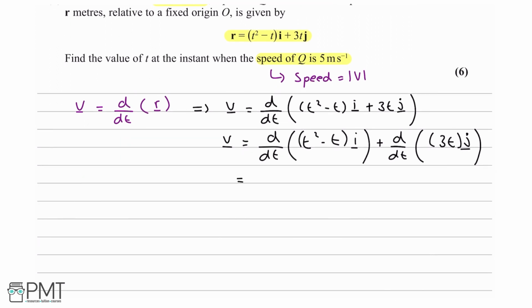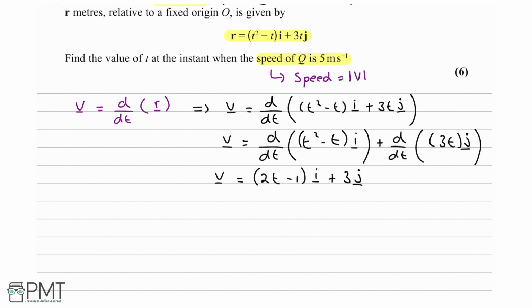The derivative of t squared is 2t. The derivative of minus t is minus 1. So that's (2t minus 1)i. Now the j component: the derivative of 3t with respect to t is 3, so plus 3j.